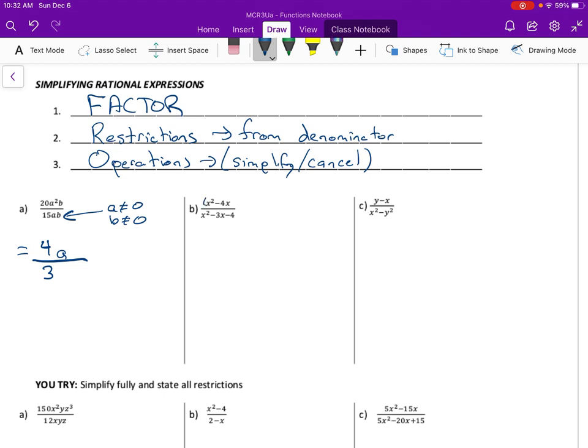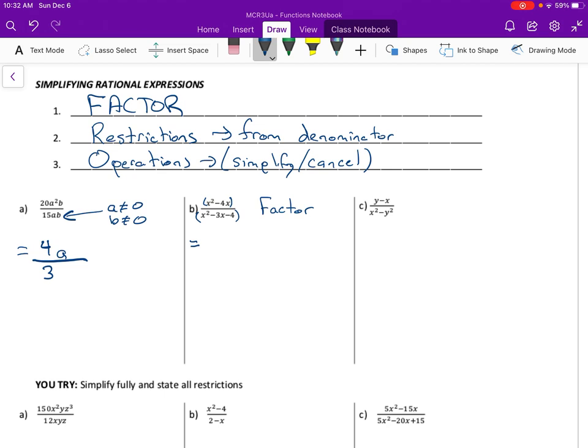So the next one, recognize here I've got 2 terms on top and 3 terms on bottom with adding and subtracting in between. So what that tells me is I have to factor. So the top, the numerator here, I've got x squared minus 4x, and there's only 2 terms.